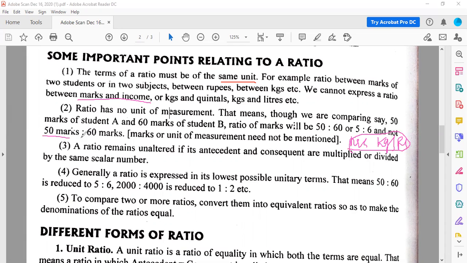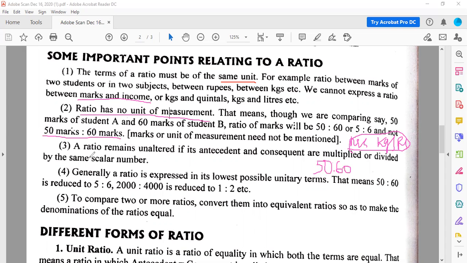Now 50 marks and 60 marks can be written the first time, but the final answer is supposed to be 50 is to 60. That should be the form utilized or represented at the end. So the ratio has no unit of measurement.